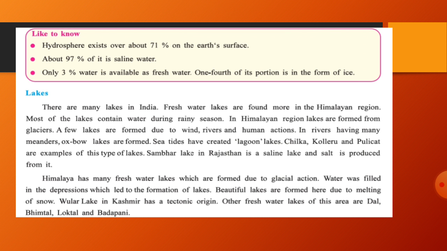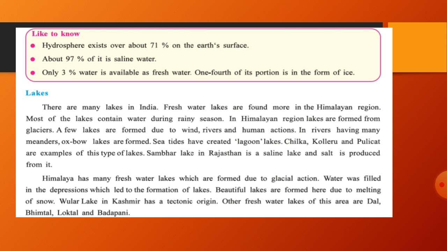Rivers with meanders form oxbow lakes, and sea tides create lagoons. Chilka, Kolleru and Pulicat are examples of these types of lake.